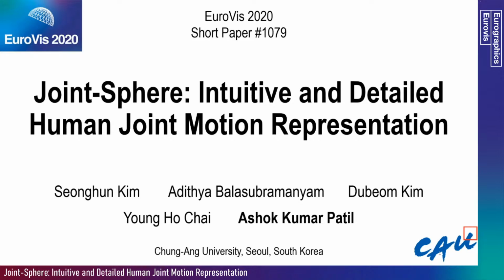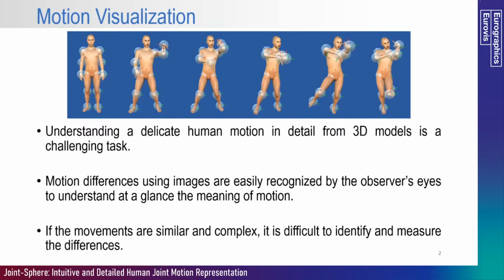Hello everyone, I am Ashok. I will be presenting our work done at Virtual Environments Lab, Chung-Ang University, South Korea. Here we introduce a novel motion representation method called the joint sphere. Understanding delicate human motion in detail from 3D models and image sequences is a challenging task. A motion can be understood in an image sequence at higher abstractions, but it is challenging to measure the subtle differences.